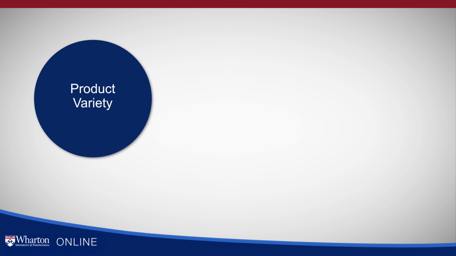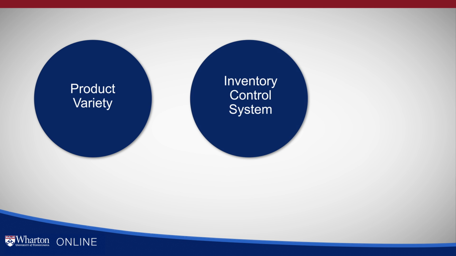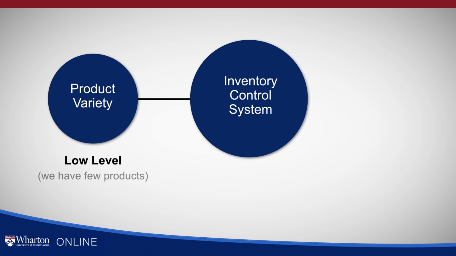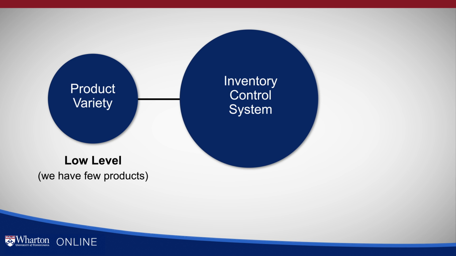All right, let's take a second example. Let's stick with product variety, but let's think about investing in our inventory control system. So again, I have an intuitive feeling that these two things are complementary to each other. So again, let's take one variable, product variety. Let's start with that and say, assume we have very few products in our product lineup. What's the marginal benefit of investing in a better inventory control system?